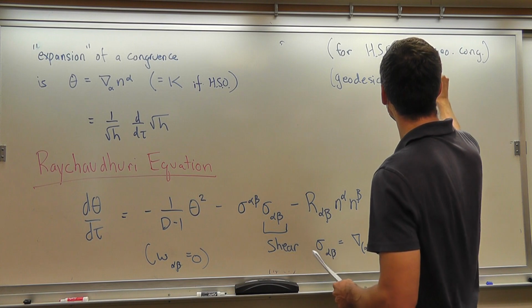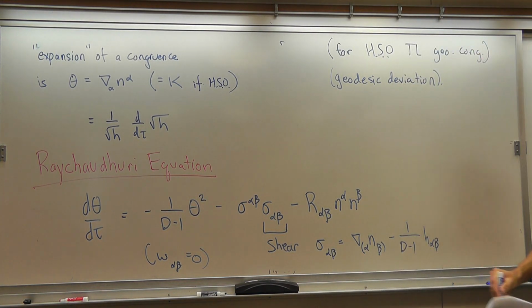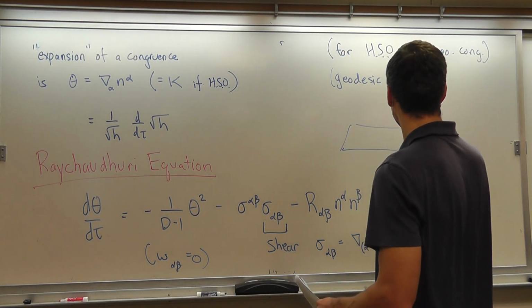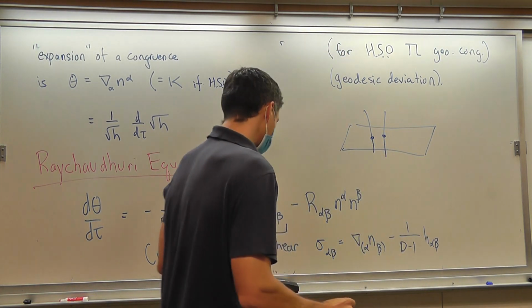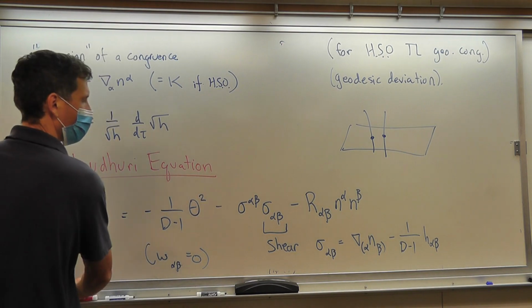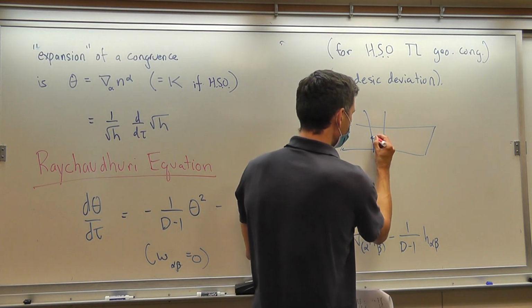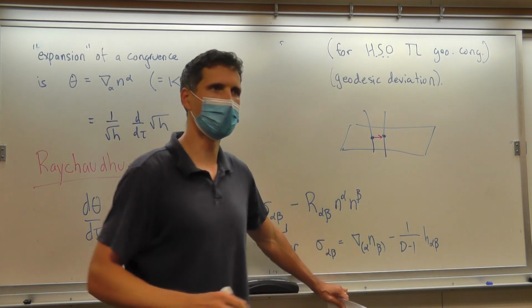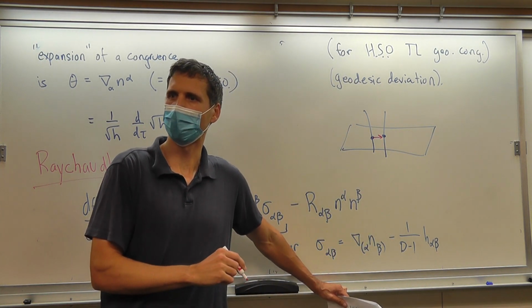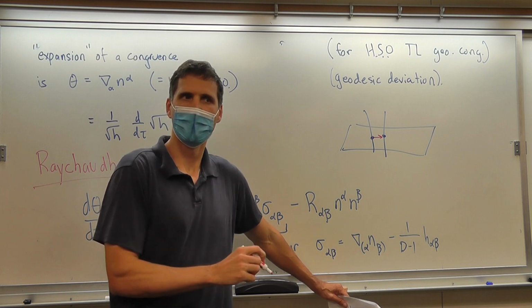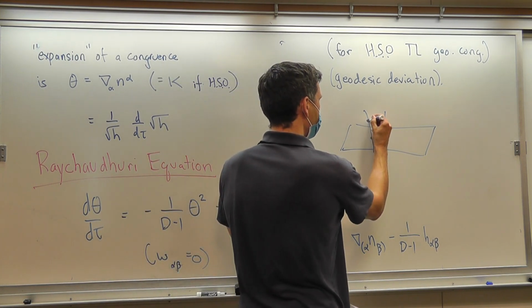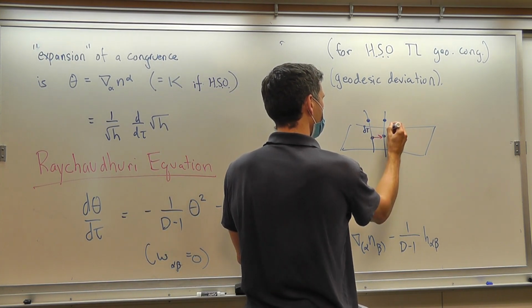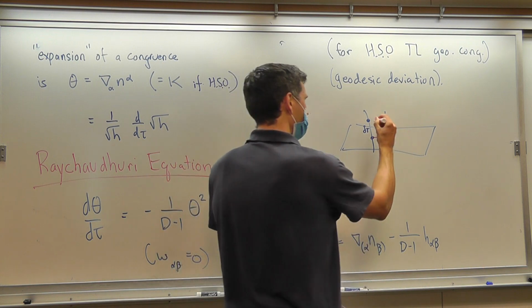So I'm sure you have seen the equation for geodesic deviation, but let me just remind you what it is. We have two nearby curves in our congruence, and what the equation for geodesic deviation tells you is you look at the vector connecting 2 points on those geodesics, and then you follow them by an amount delta tau, and you ask what happens to that vector.